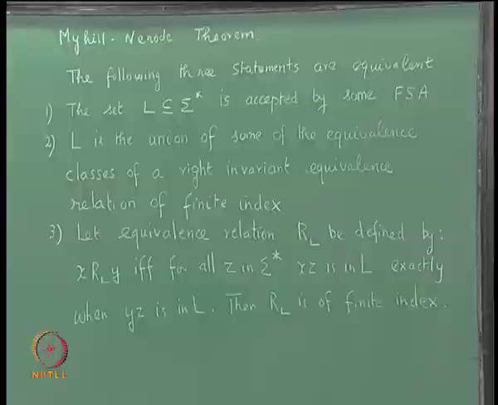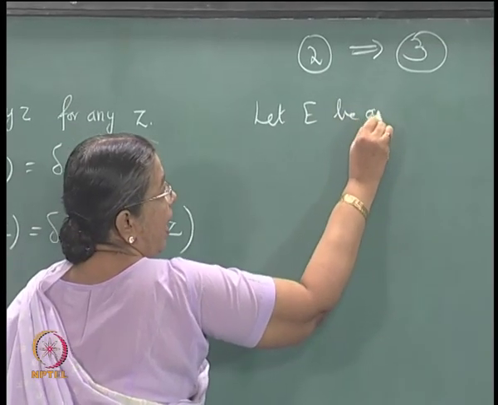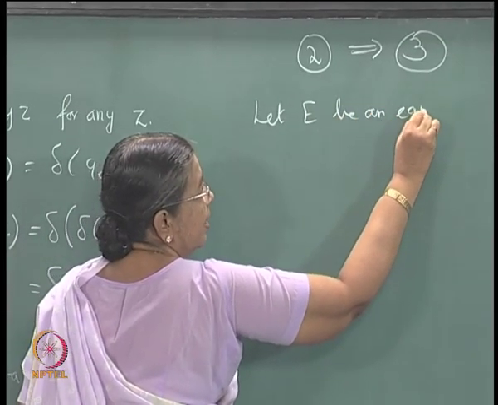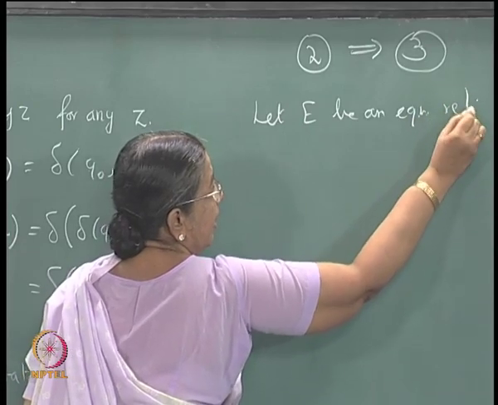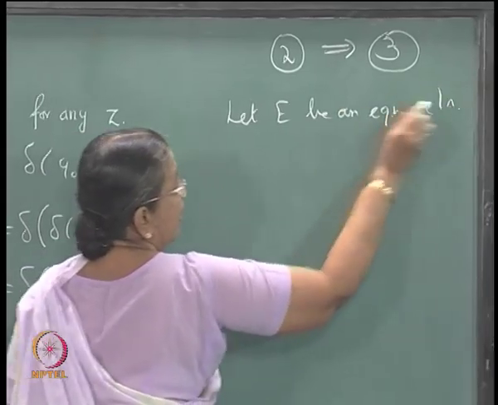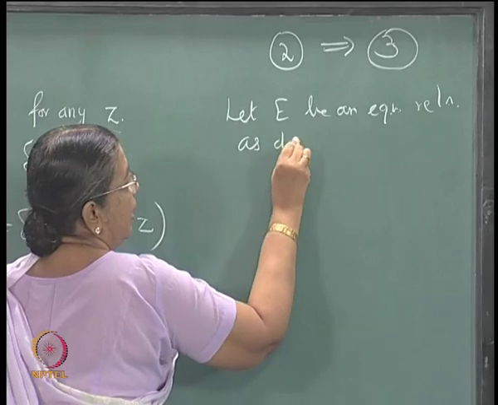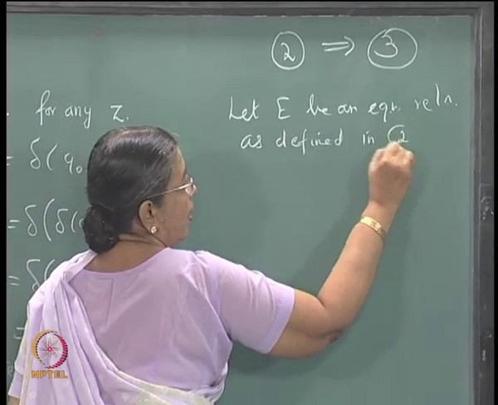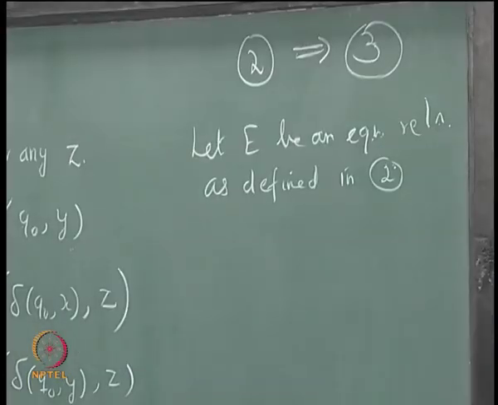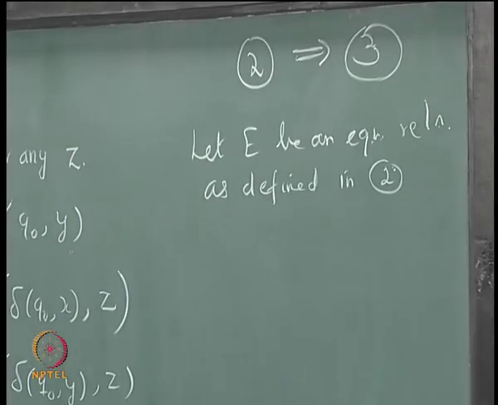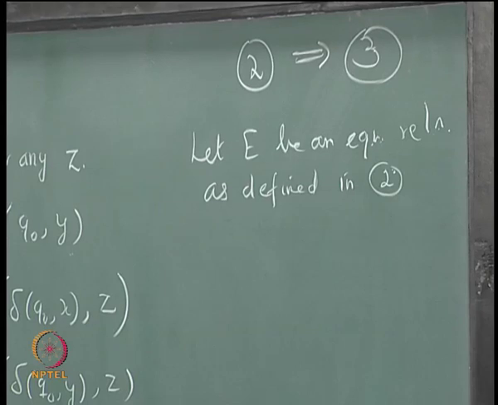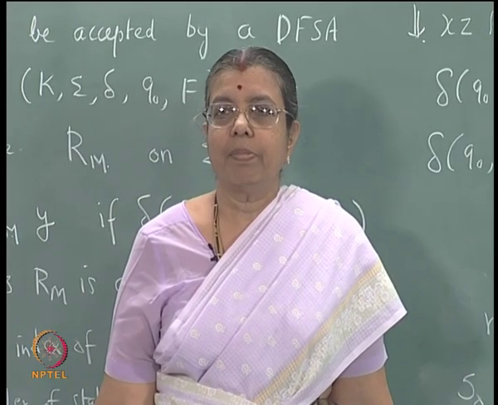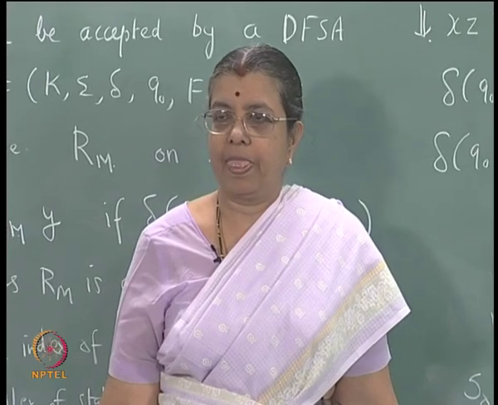Now, we start with 2 implies 3. Let E be an equivalence relation as defined in 2. That is, E is an equivalence relation on sigma star of finite index, right invariant, and L is a union of some of the equivalence classes.